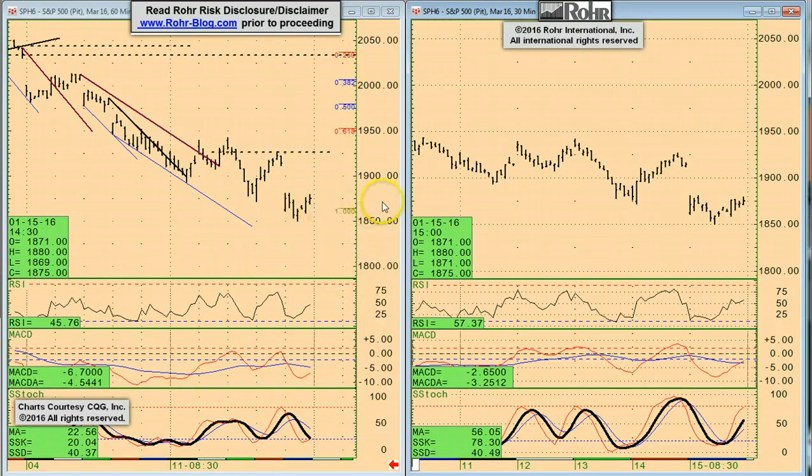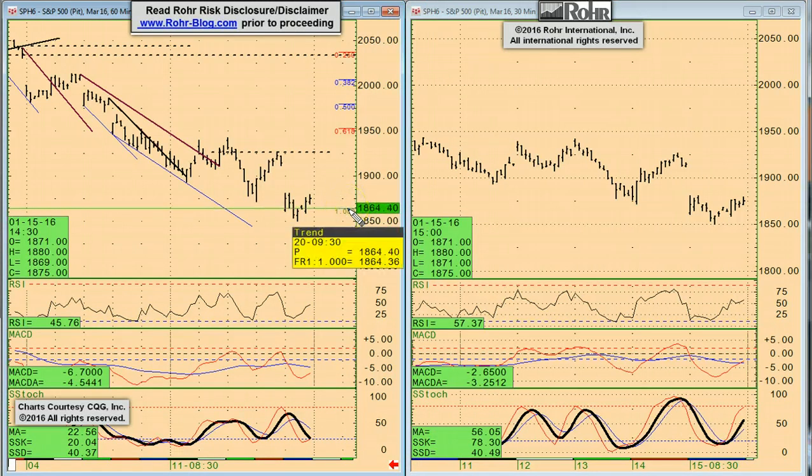Now, all of this is very important because, as we've been pointing out for a while and is apparent on these Fibonacci retracements, there were key previous lows in the March contract and a very major long-term support in the 1865 to 60 area. So we're going to be keeping a very close eye on this as we head into the new week.